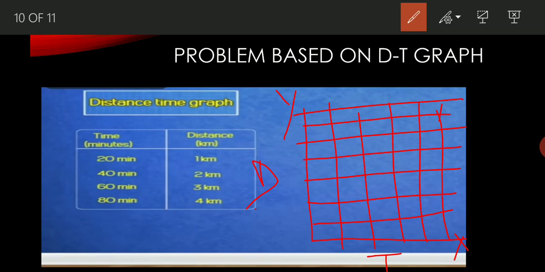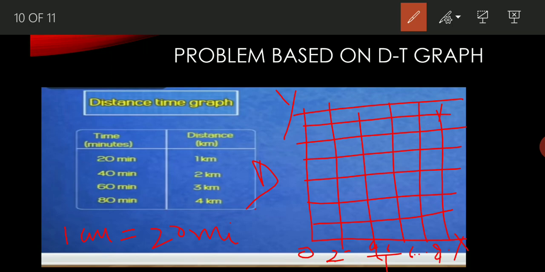Clear? Now the second thing you have to do is make the scale. Here we can see 20 meter, 40 meter, 60 meter, so 20 minute, 40 minute, 60 minute, and 80 minute is given. So we can write here 1 centimeter is equal to 20 minutes. As we all know this is 0, so we will write here 20, 40, 60, and then 80.